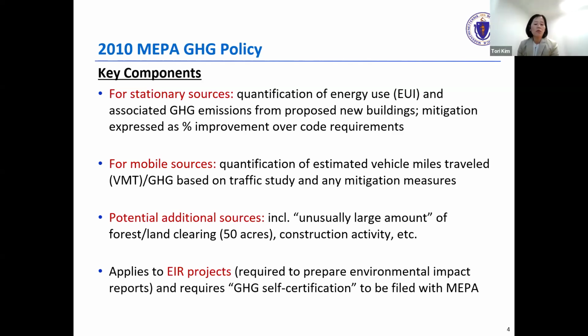Mobile sources relate to traffic, new traffic generated by the project. The policy also references potential additional sources, and most notably, unusually large amounts of forest or land clearing. And currently, the policy indicates over 50 acres is the trigger when the policy requirements apply.